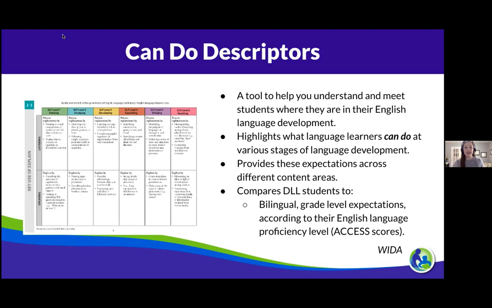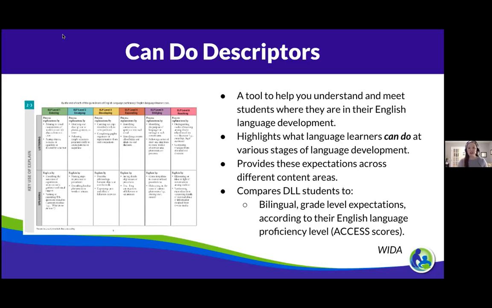So what the can-do descriptors are is they're a tool to help you understand a student's English language development and meet them where they're at. It highlights what learners can do, hence the name, the can-do descriptors. And when I say it highlights what dual language learners can do, we're saying given their current English language proficiency, what should we expect them to be competent in doing in the classroom?